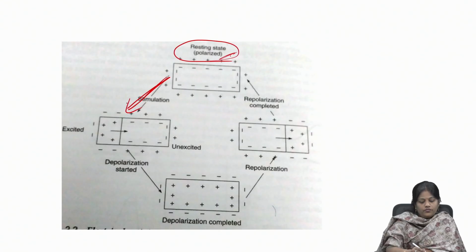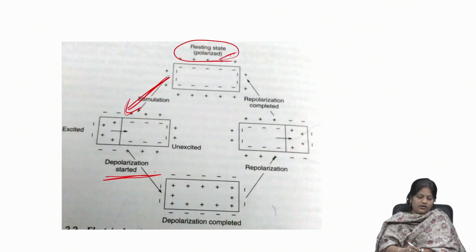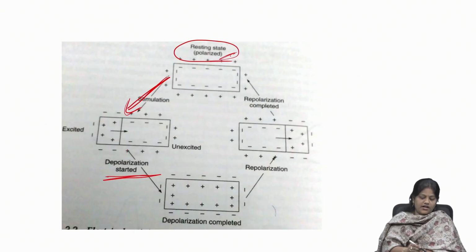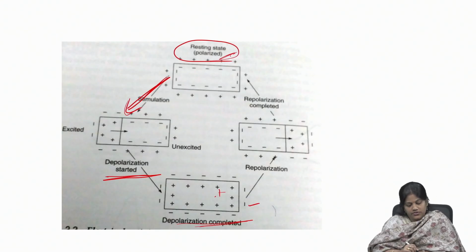After stimulation, the cell gets excited, with sodium ions inside and chloride ions outside. That state is called depolarization. This one had already started, and here it was completed: complete depolarization, with positive ions inside and negative ions outside.